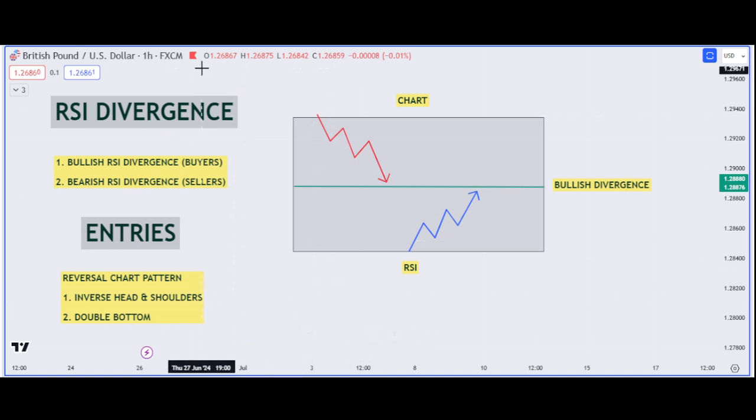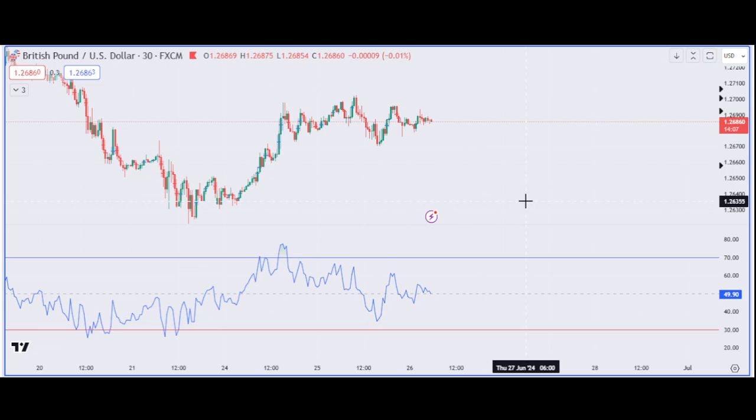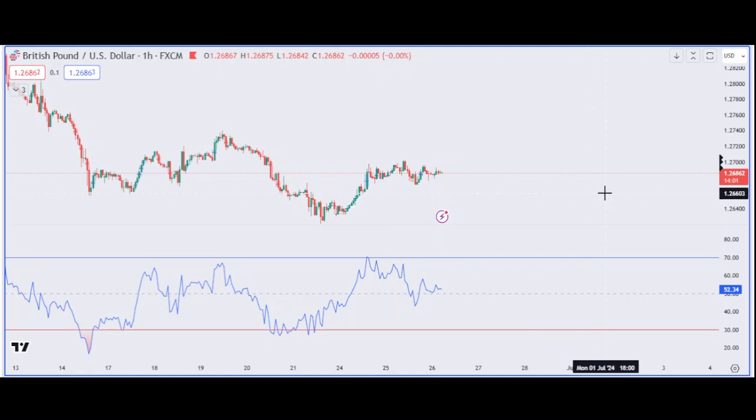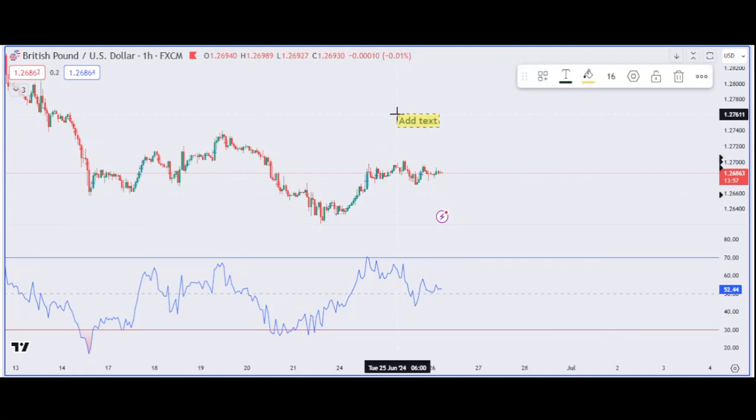Now let me take you guys to the live chart. Now looking at this price action, you will see that this represents our chart, right?